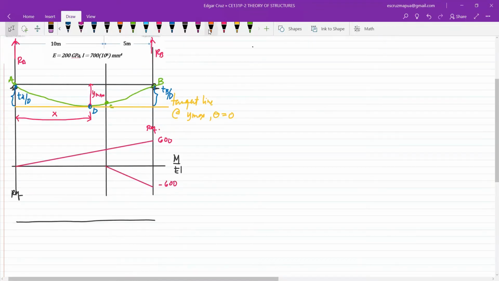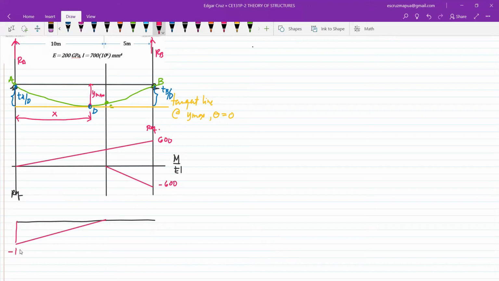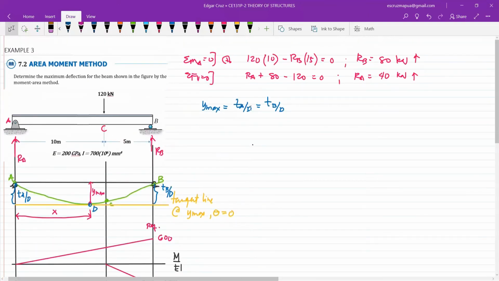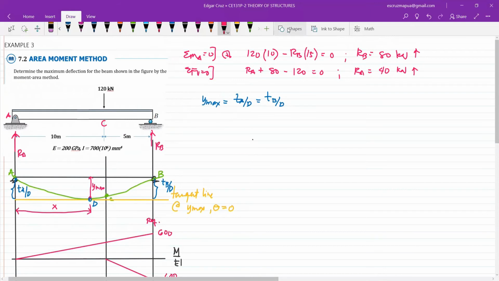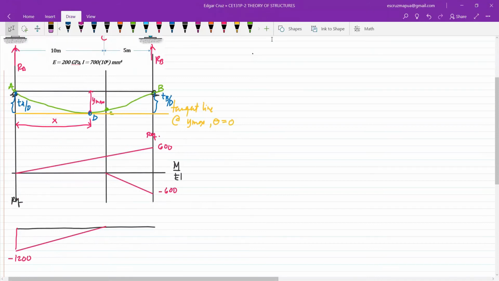So dito, 120 times 10, that is negative 1,200. Tapos, galing naman dun sa reaction, yung RB natin is 80, diba? So 80. Ito naman siya, 80 times that one.